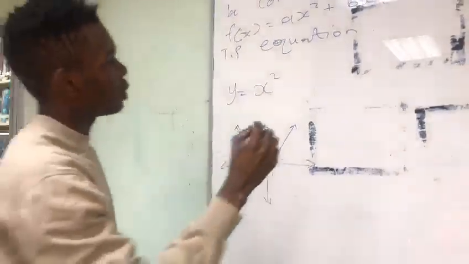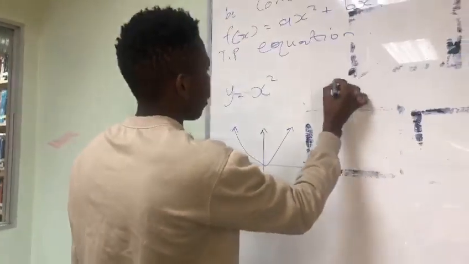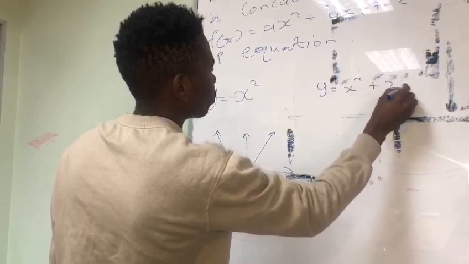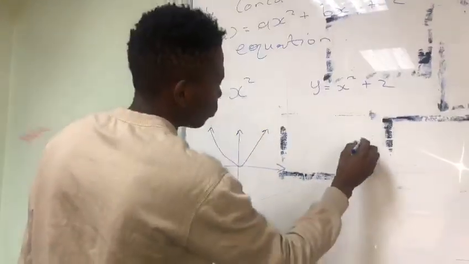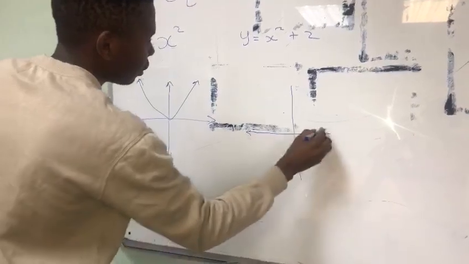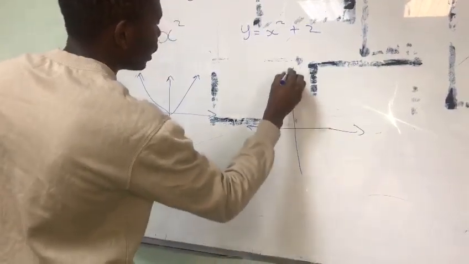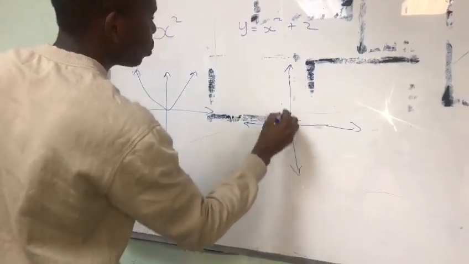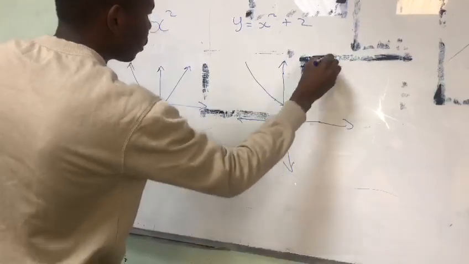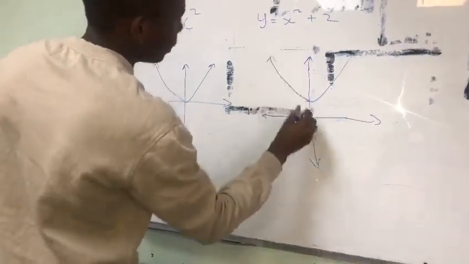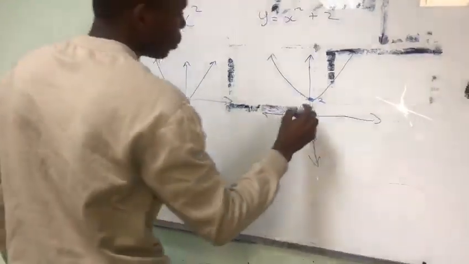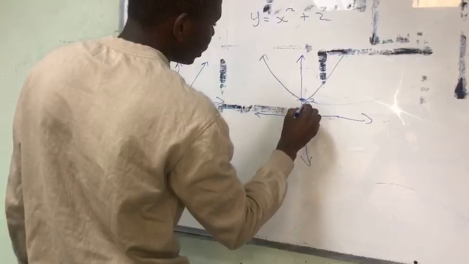Then if our equation changes to y is equal to x squared plus 2, our graph will be like this. It will shift 2 units upwards. Then our turning point will be here on 2. Our y value will be 2. Our x value will be 0.